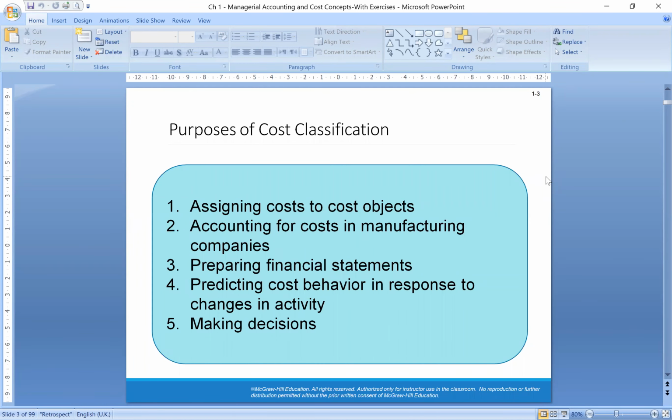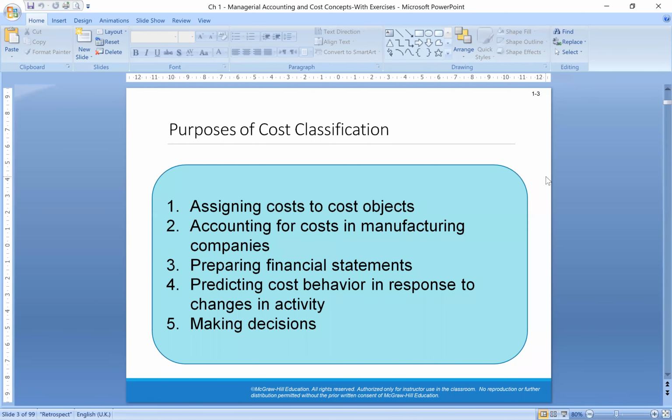The second type is manufacturing companies, the companies who start with raw materials and go through a manufacturing process to convert them to finished goods. And the third type is service companies. So we need our information here mainly for the manufacturing companies.